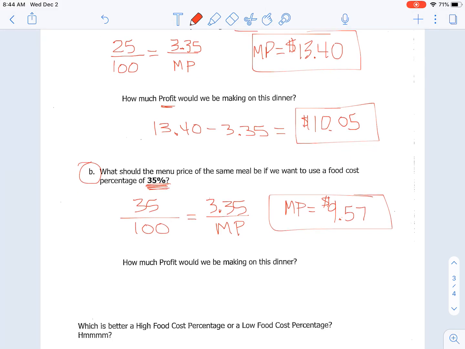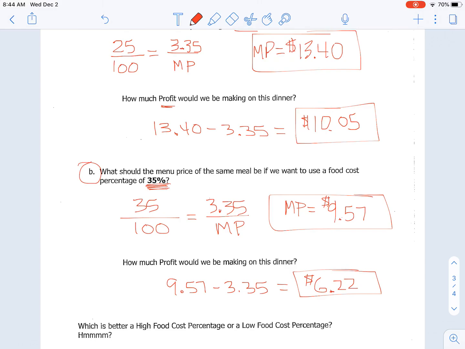And then that would mean if we sold it for $9.57, it cost us $3.35 to buy the raw ingredients. That means we're making a profit of $6.22.